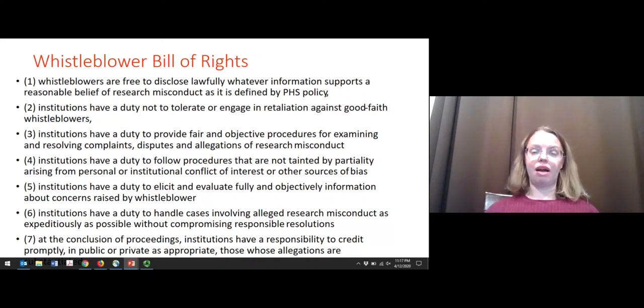And then they have to have things that are unbiased. We'll talk a little bit about biases next week. And they should get to the bottom of it, find full and objective information about the concerns raised. And they have to handle the cases quickly, right? That's always a difficult one, but they have to do a thorough review, but they should be quick. And at the conclusions, they have a responsibility to credit promptly those whose allegations are substantiated. So meaning if you are right, they should give you some credit for pointing that out.